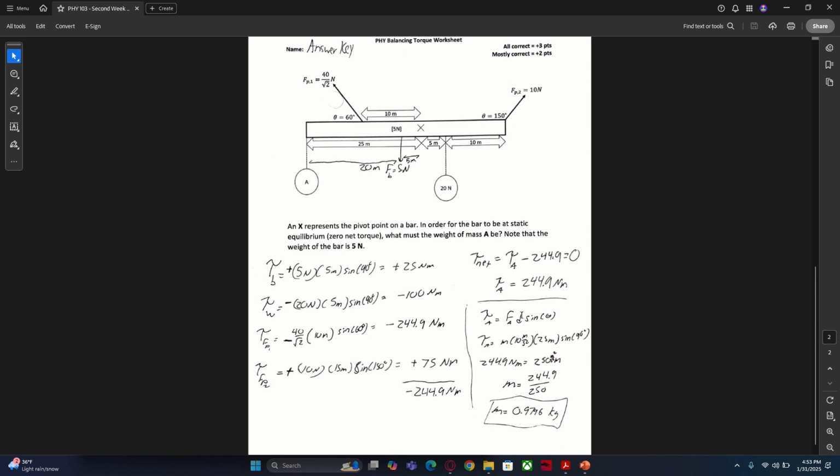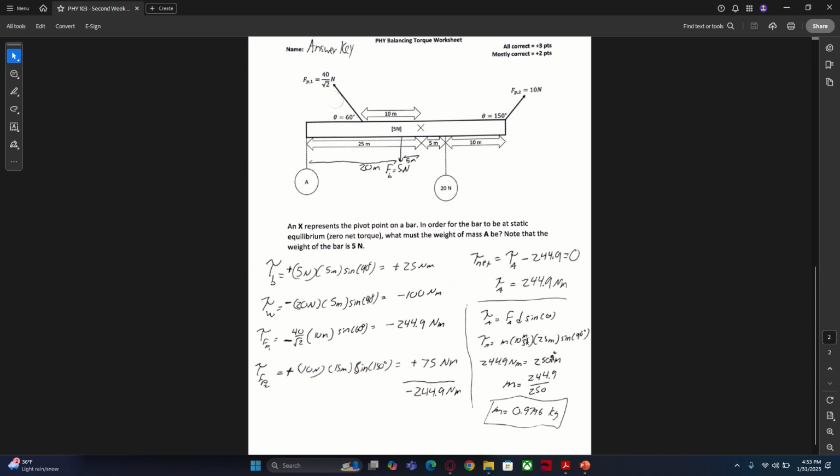As far as the distance vector, well, we're already told that this object is 25 meters from our pivot point, hence the 25. This distance is horizontal. Object A has a force of gravity that is vertical, so that is an angle of 90 degrees, hence the 90 degrees.